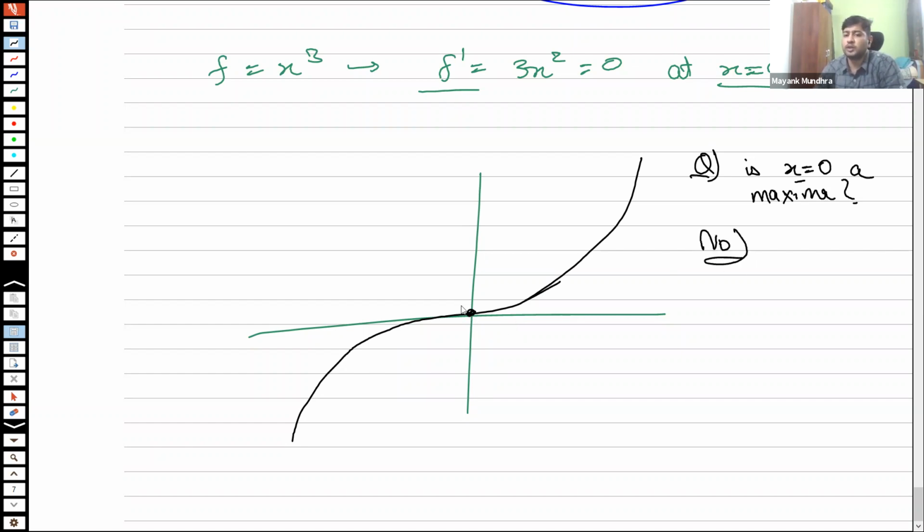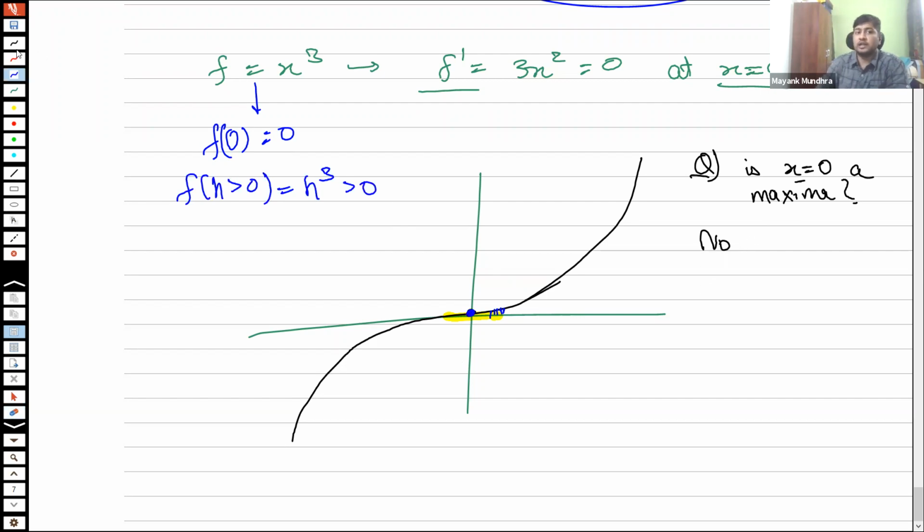The answer is no, because if you construct any neighborhood around here, you have points to the right at which the function is higher than what it is at 0. At 0, this function is 0, right? So f of 0 is 0, but f at any value h greater than 0 is going to be h cube, which is positive. So it is clearly not a maxima. So that brings me to the next question.